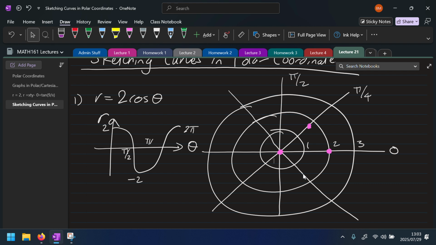Okay, 0, pi over 4, pi over 2. You're going up in pi over 4s, right? In this diagram. Okay, what's that second to last one? What is it? 3 over 2 pi. You sure?